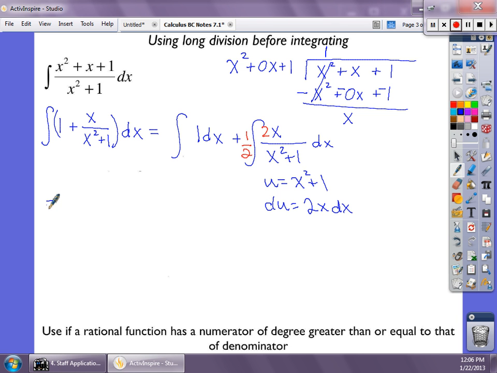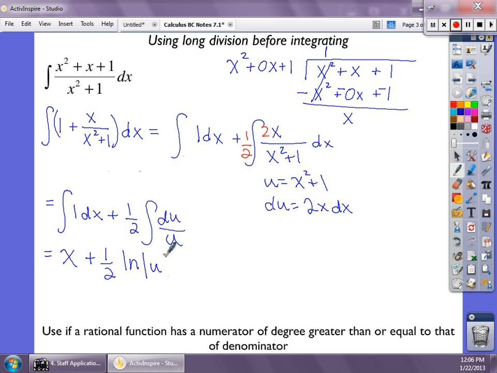And we're going to rewrite our problem as the integral of 1 dx plus 1/2 the integral of 2x dx, my du, over x squared plus 1, my u. And so the integral of 1 dx is x plus 1/2 the integral of 1 over u du, which is going to be the natural log of the absolute value of u.